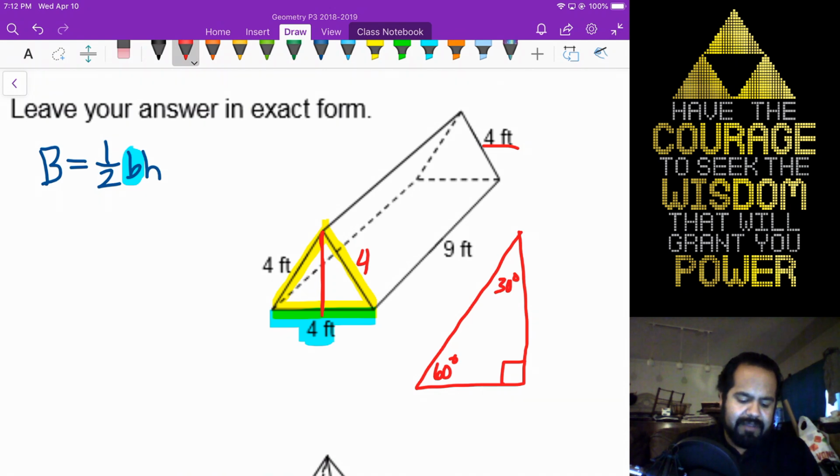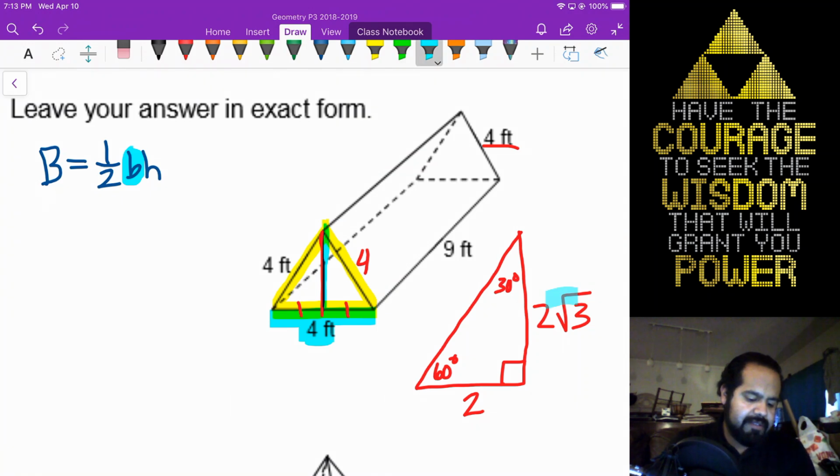So our bottom length of 4 gets split in half, so now we have a 2. So I'm just going to use my special right triangle rule. I'm going to say that I have a 30, 60, 90. So I'm finding the long leg, which is going to be 2 rad 3. All right. So now let's take a look and see that, hey, that's our height.